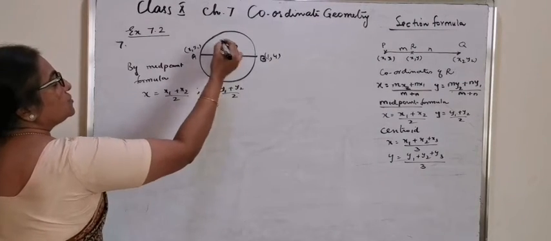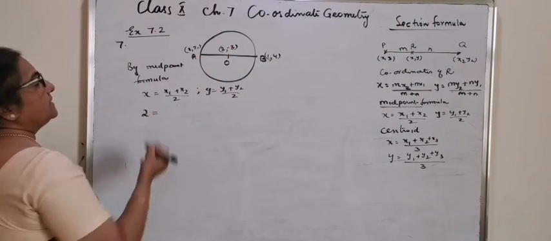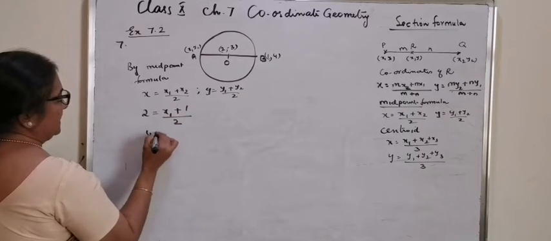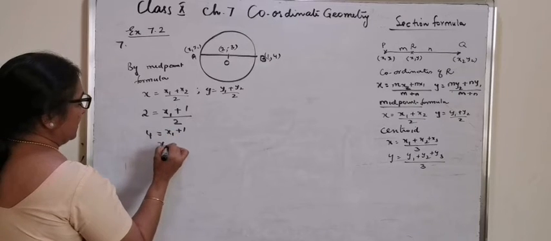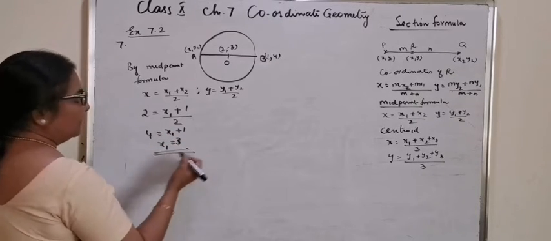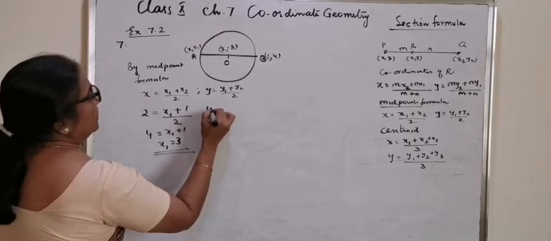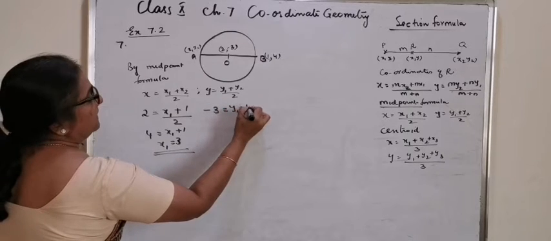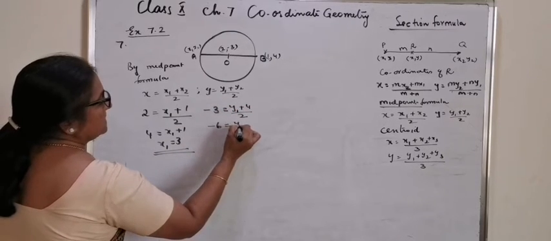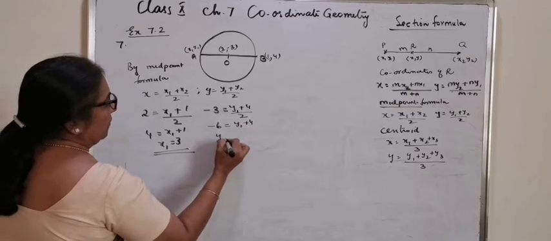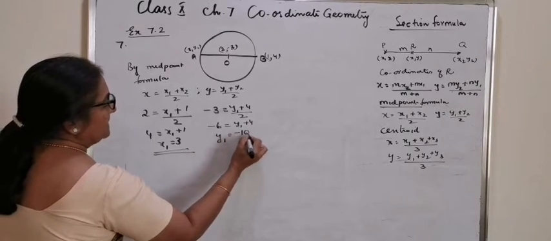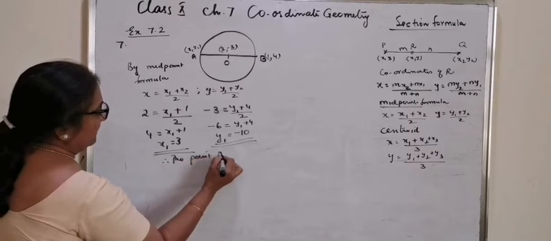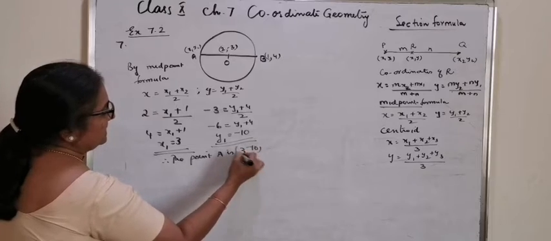The x value is 2, so 2 is equal to (x1 plus 1) by 2. By cross multiplication, 4 is equal to x1 plus 1, or x1 is equal to 3. Again, the y value is minus 3, so minus 3 equals (y1 plus 4) by 2, minus 6 is equal to y1 plus 4, or y1 is equal to minus 10. Therefore, the point A is (3, minus 10).